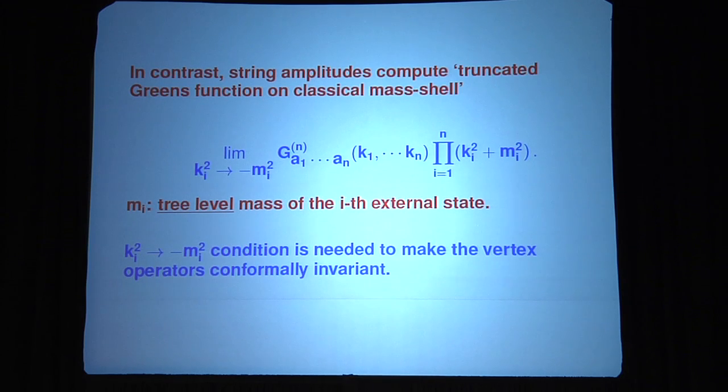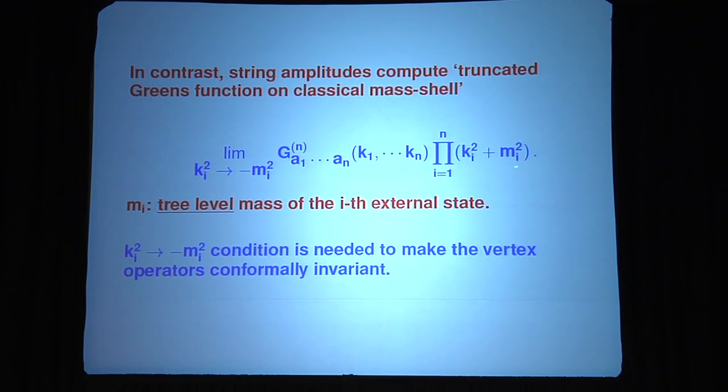Now, in contrast, when you look at string amplitudes, what they compute can be called truncated Green's functions on the classical mass shell. Here is the formula. So this is the same Green's function that you saw in the last slide. But now you see, first of all, that the wave function renormalization factors are missing.